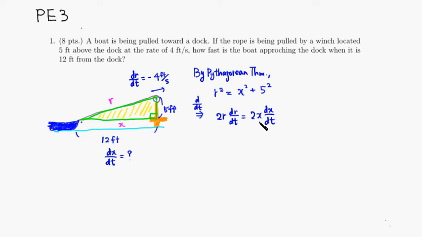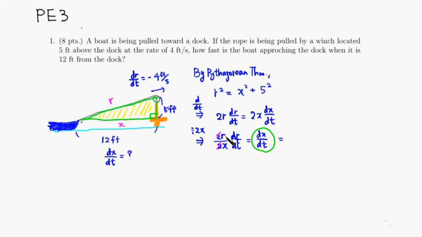Then we're looking for dx over dt, so I'm going to divide through by 2x, so that you have 2r over 2x times dr over dt is equal to dx over dt. So we're looking for this guy right here, dx over dt. We can cancel the 2 here and there, and we have almost everything else.